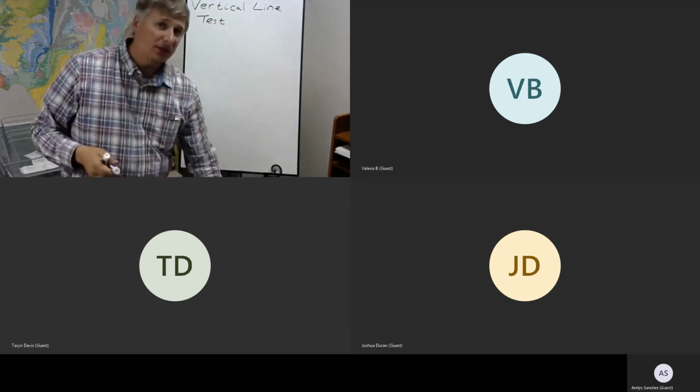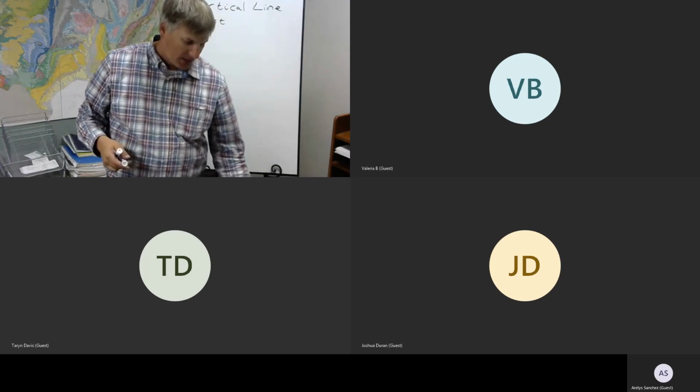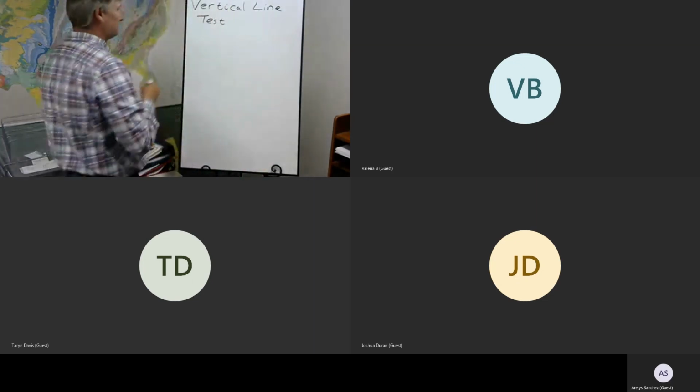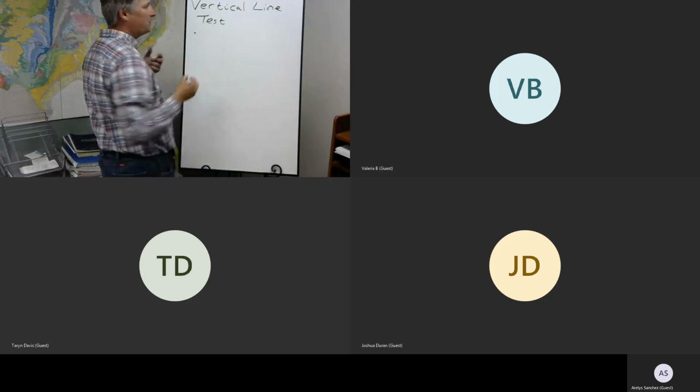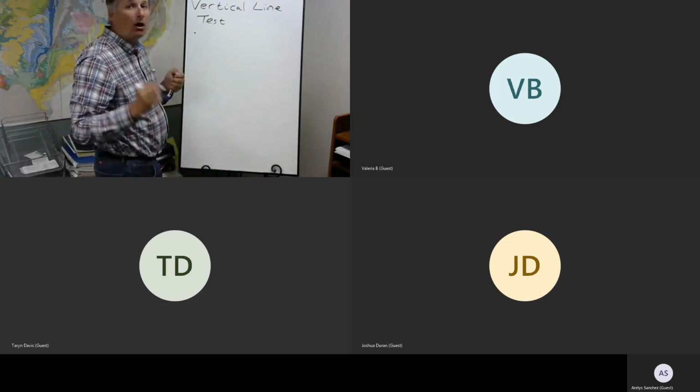So we've mentioned this idea called functions. And the idea of functions is we don't want duplicate inputs. So what we do, this is a way of identifying duplicate inputs on a graph.